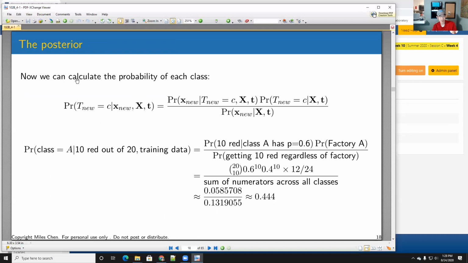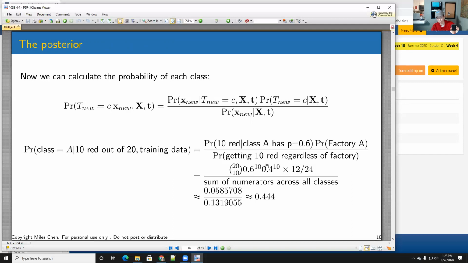So the probability of getting class A, given that the pouch produced 10 red out of 20 marbles, is going to equal the probability of getting 10 red, given that class A has p equal to 0.6, which is the likelihood, right?